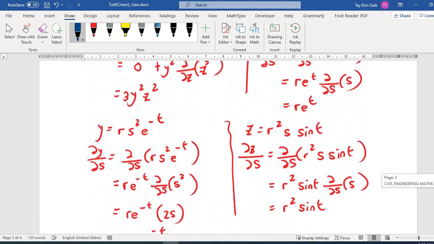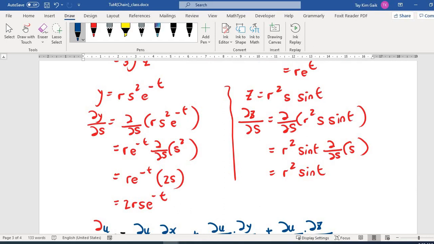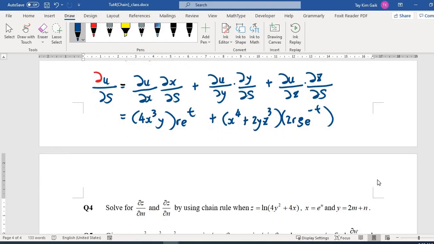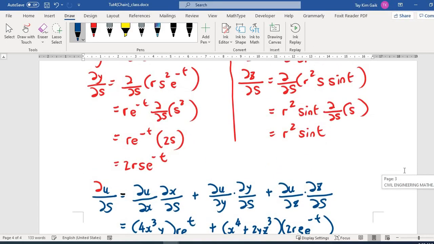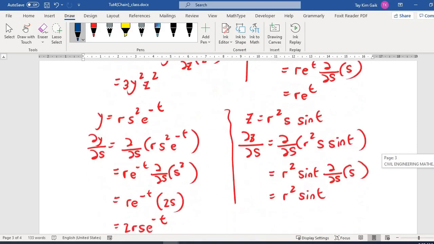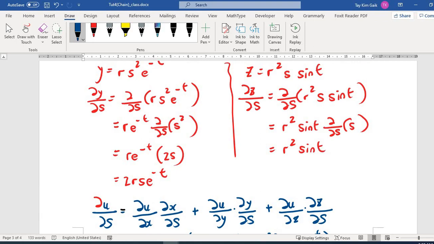Del Y, del S here is 2rs exponent negative t, plus del U, del Z, which is 3y squared z squared. Del Z, del S is 2rs, R squared sin T.